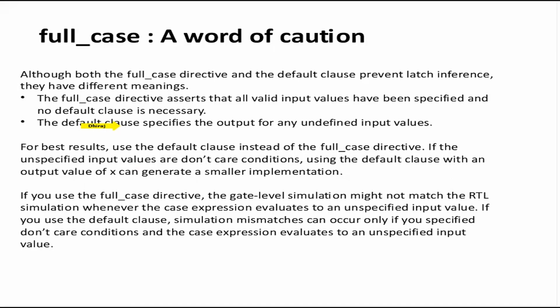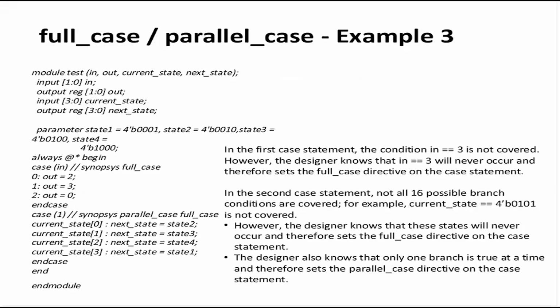Now what is the difference here? In terms of hardware generated, in the first case, let's say we take a case here. Now here, let's say I write default out is equal to B. So in this case, there is some hardware generated.